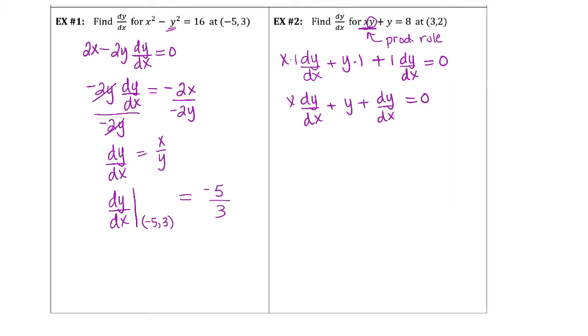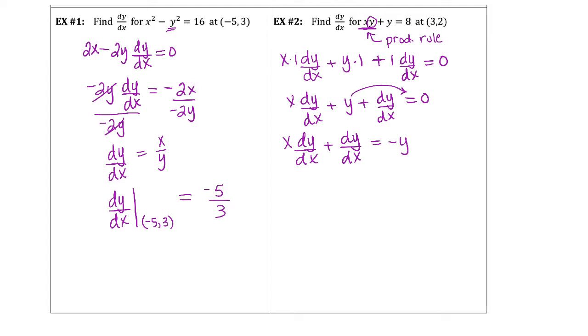equals 0. We do need to move y over to the other side, so we have x dy dx plus dy dx equals, and we're going to subtract y over, so that's going to be negative y.